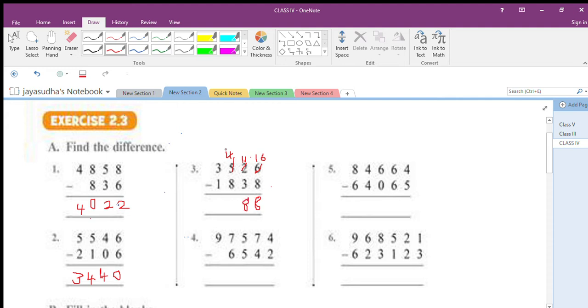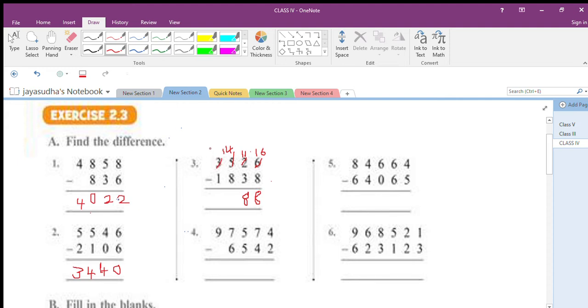Okay. Now here 4, here 8. Here also you can't subtract 4 minus 8. So you have to borrow 1 from the next column. Here 14. This 3 becomes 2. Okay. This 14 minus 8. 14 in the mind, 8 in the finger.